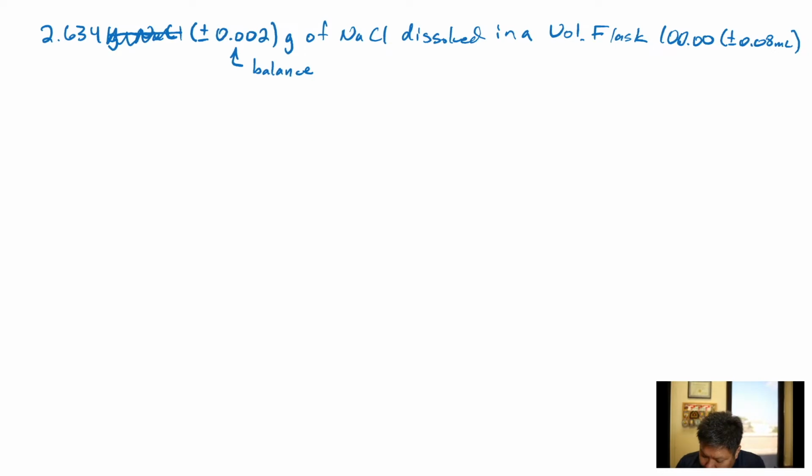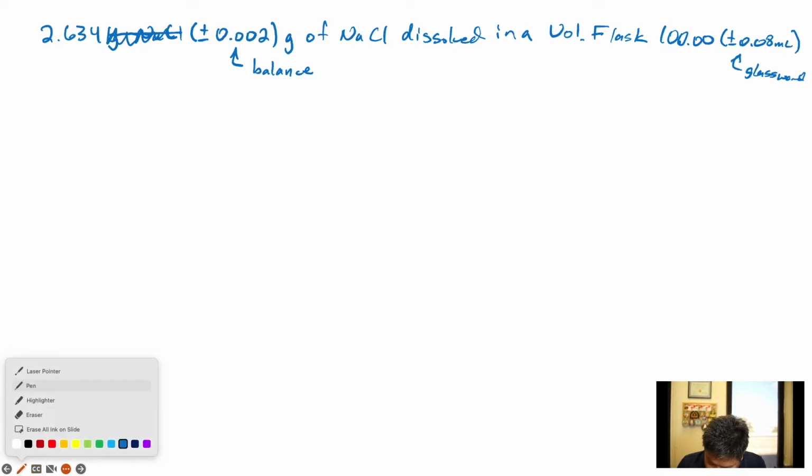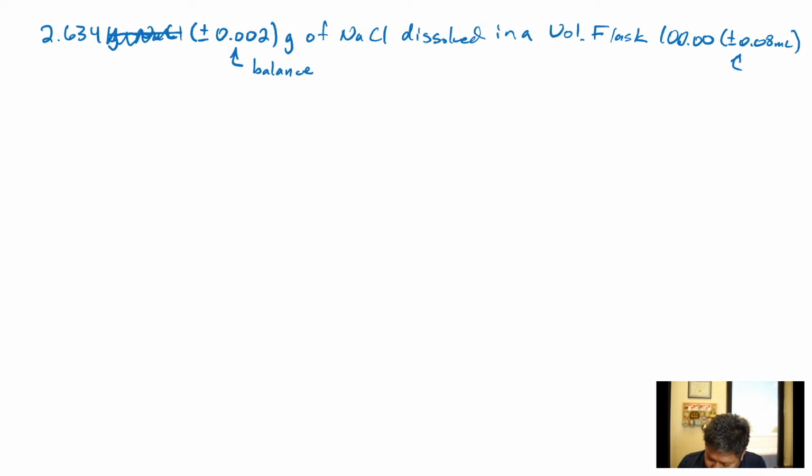Okay, so notice then that this is the uncertainty. Of course, we get that from the glassware, printed on the glassware. And again, since we didn't actually do an uncertainty budget on the glassware, for now, for the purposes of this lab, we can just use the printed number on there, okay?